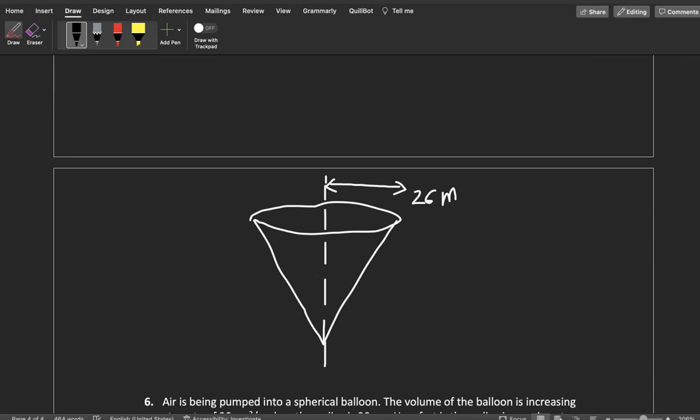But also, we're given that the total height of the cone-shaped tank, from top to bottom, is equal to 8 meters.